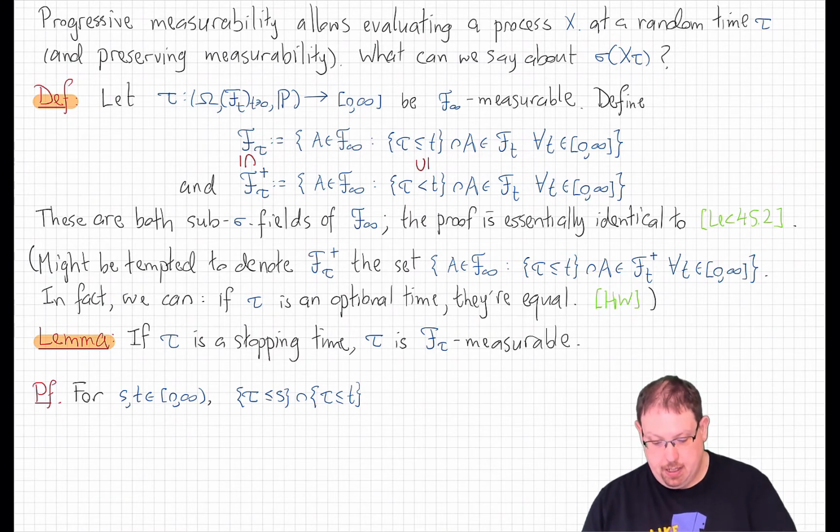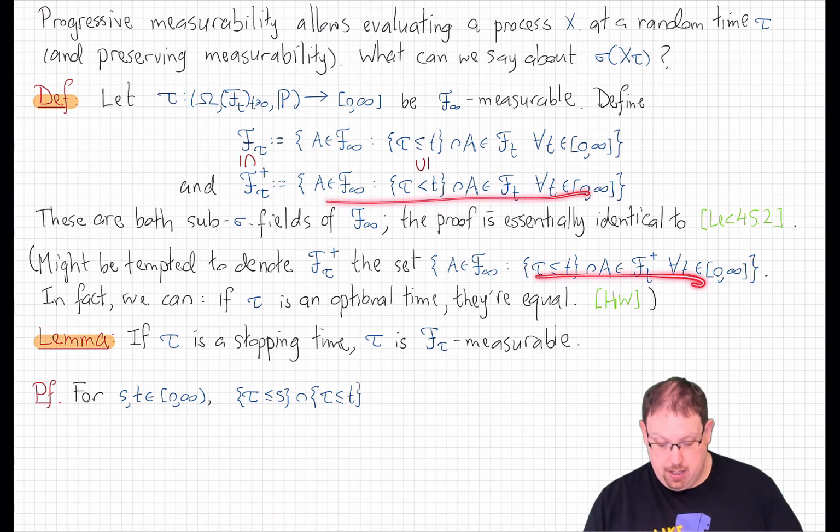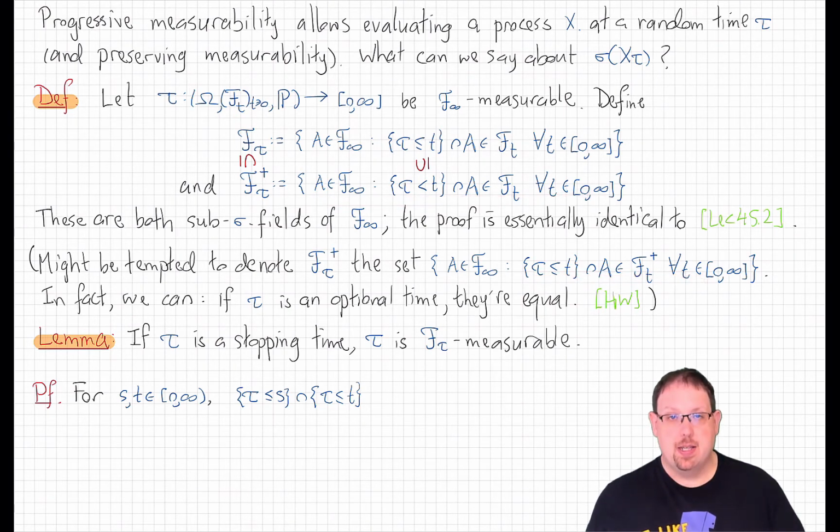That is, the set of all events A for which the event that tau is less than or equal to t intersected A is in F_t+ for all t. Well, in fact, there isn't a collision of notation here because those two things are equal to each other, at least if tau is an optional time. And that is going to be one of your homework problems to show.